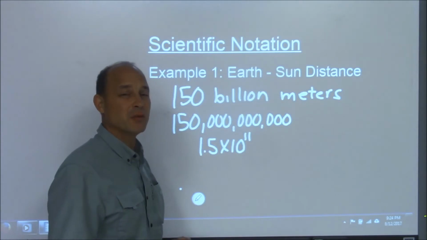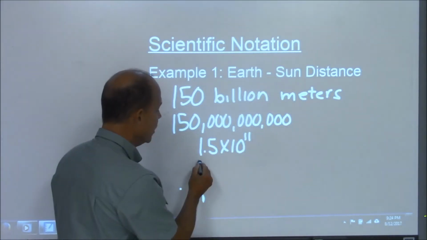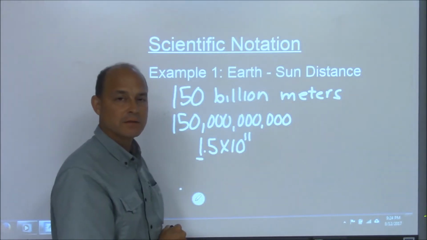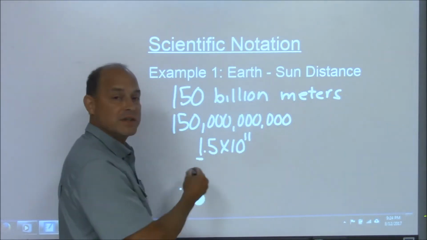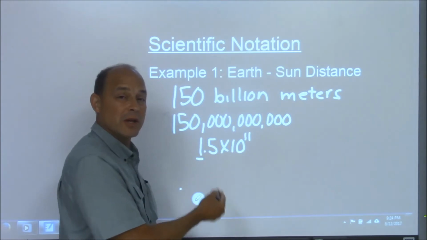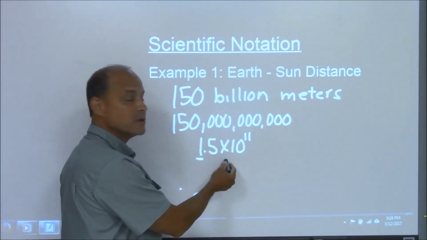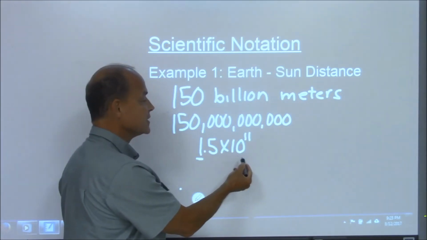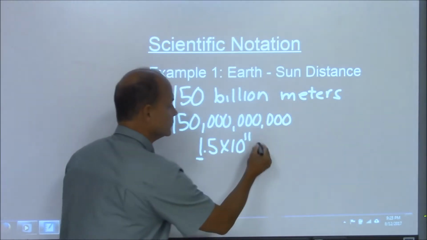Scientific notation is really compact because there's only one digit to the left of the decimal point. But we still need that to represent a really big number, so that's why we multiply it times 10 to an exponent. In this case, the exponent is 11.